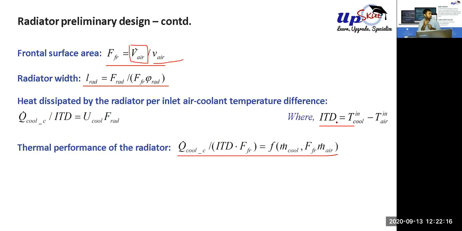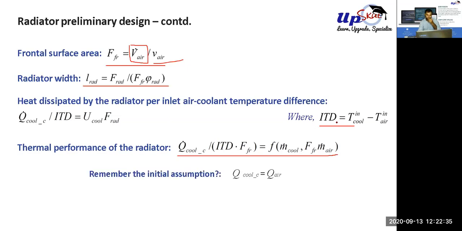For example, if the inlet air temperature is now 40 degrees, then it becomes 39 degrees, how much change do I see in cooling? Is it improving? How much is it improving? That actually shows the performance of the radiator.